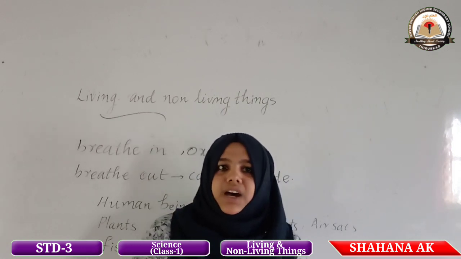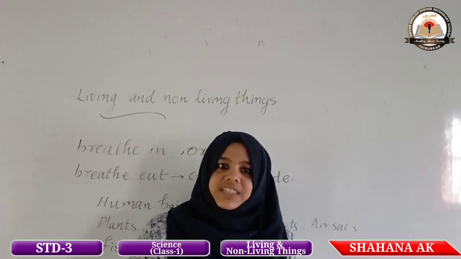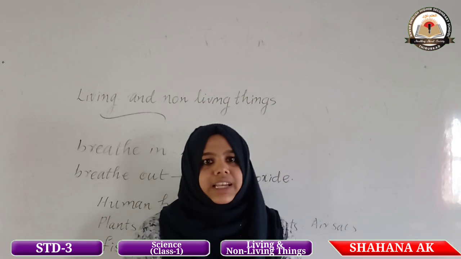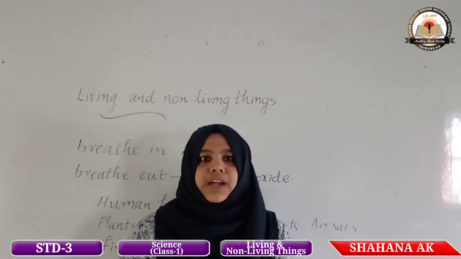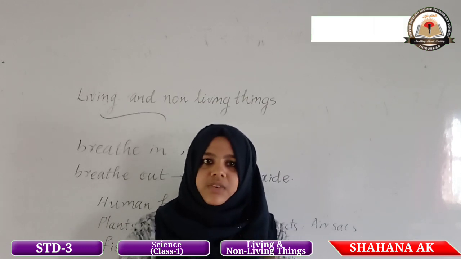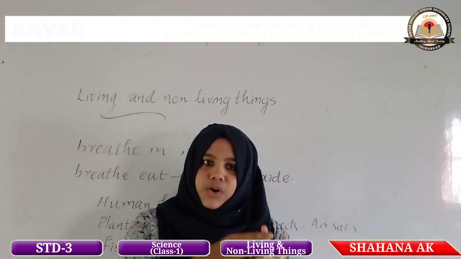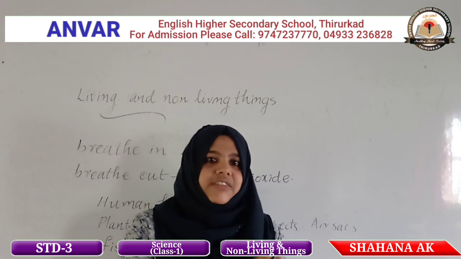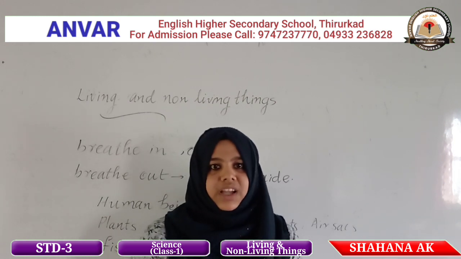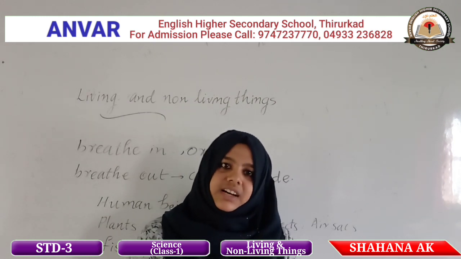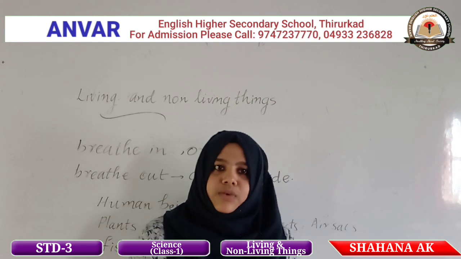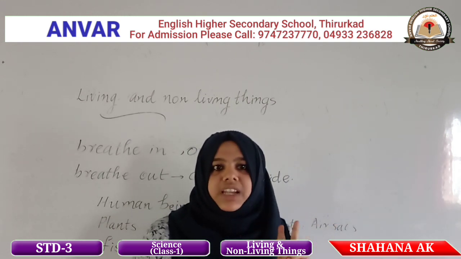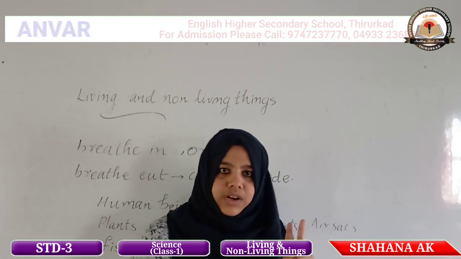So then we have to study more specialities of living and non-living things. Let me conclude all these things. At first we have studied about living things and non-living things. A living thing is a thing which has life. A non-living thing is a thing which does not have a life. Then we studied about two specialities of living and non-living things.